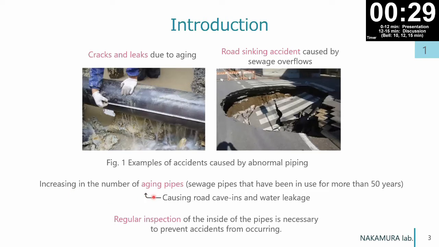However, the number of aging sewer pipes that have exceeded their useful life of 50 years is increasing. Aging pipes can lead to serious accidents, as in figure 1. So regular inspection of the pipe inside is necessary.